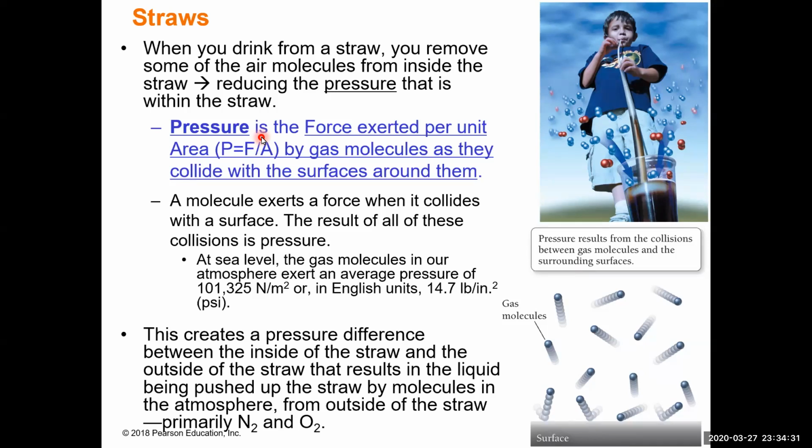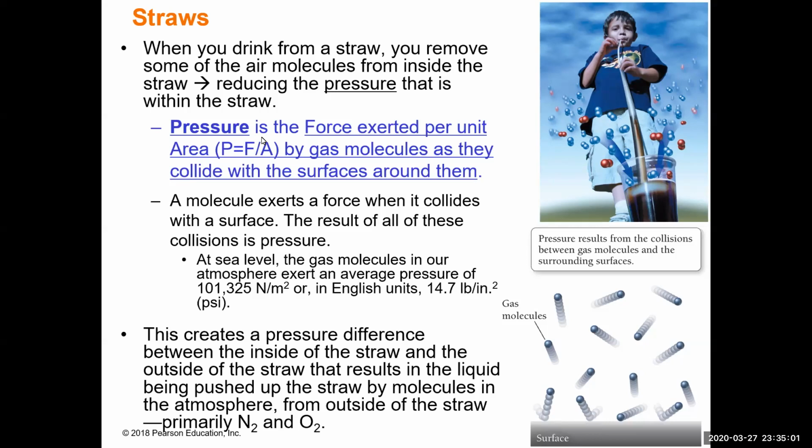What happens is this creates a pressure difference between the inside of the straw and the outside of the straw. The liquid within the straw is then pushed up by the molecules that are in the atmosphere outside of the straw.